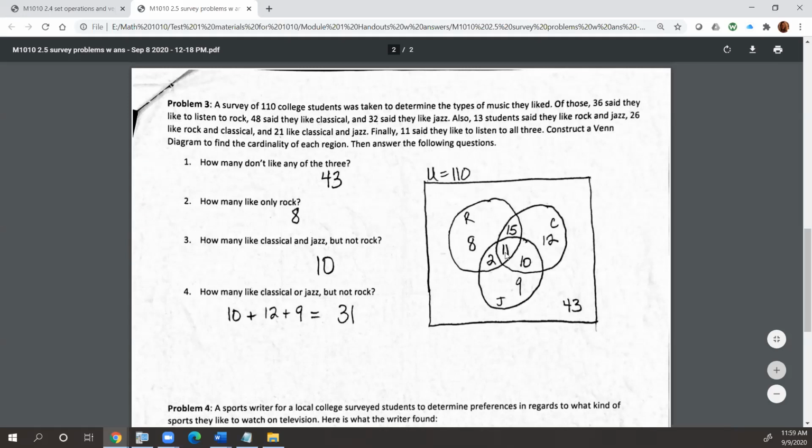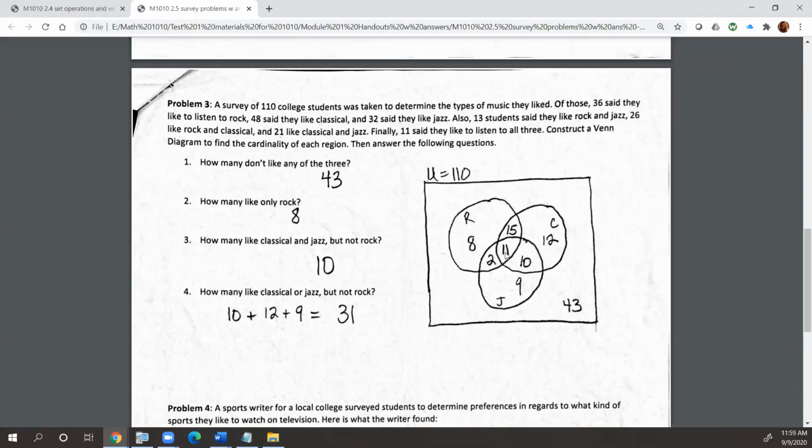And this region is how many students liked all 3 types of music. And so starting with the number 11 that listened to all 3, we put that in the middle and then work our way backwards.